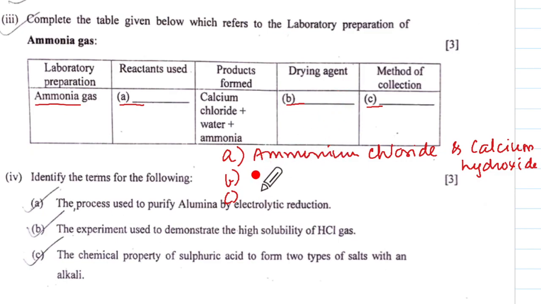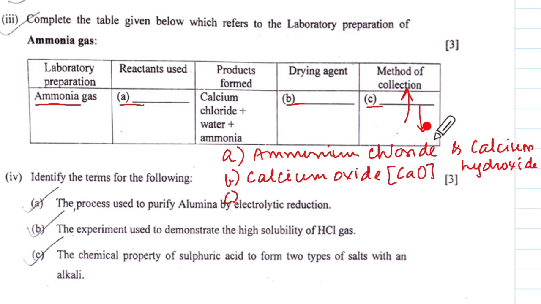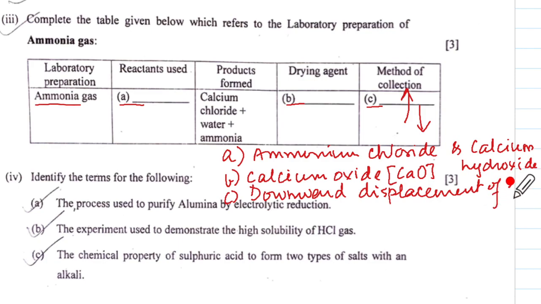The ammonia being basic, it will have calcium oxide, which is CaO. That would be the drying agent as it's hygroscopic. Method of collection in the lab, ammonia is lighter, so it will rise and air will come down. So it will be by downward displacement of air. And that should give you your 3 full marks.